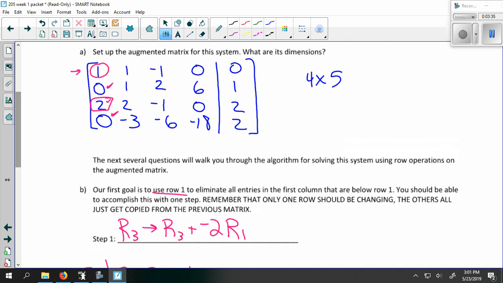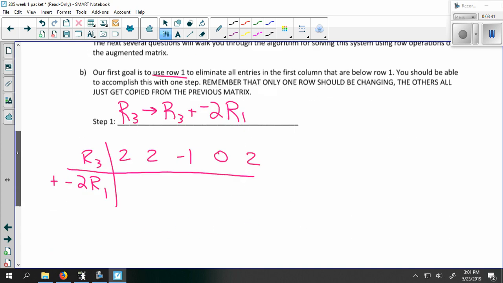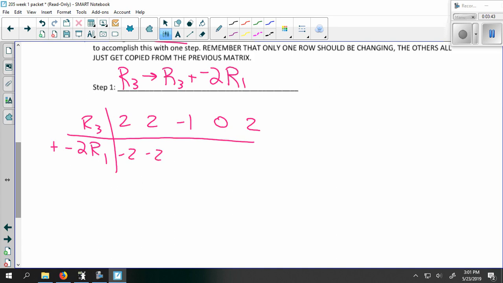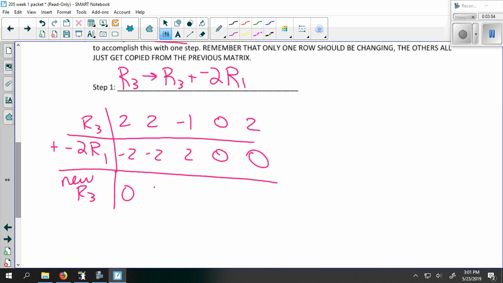And negative 2 times row 1 is going to give me negative 2, negative 2, 2, 0, 0. So when I add them, my new row 3 is going to be 0, 0, 1, 0, 2.